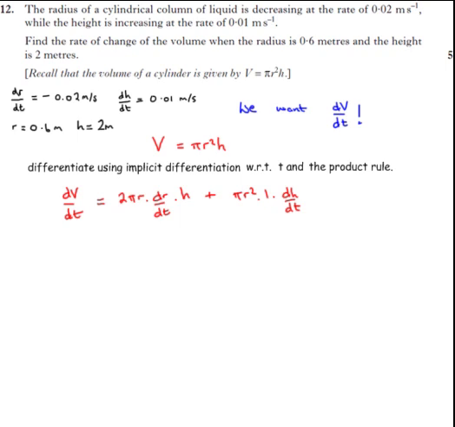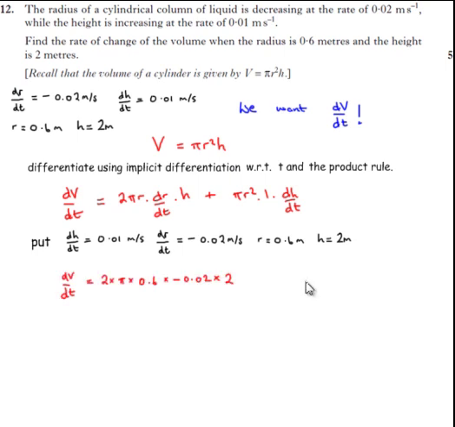We're now going to fit in values. We're going to put dh by dt is 0.01, dr by dt is negative 0.02, r is equal to 0.6 and h is equal to 2.